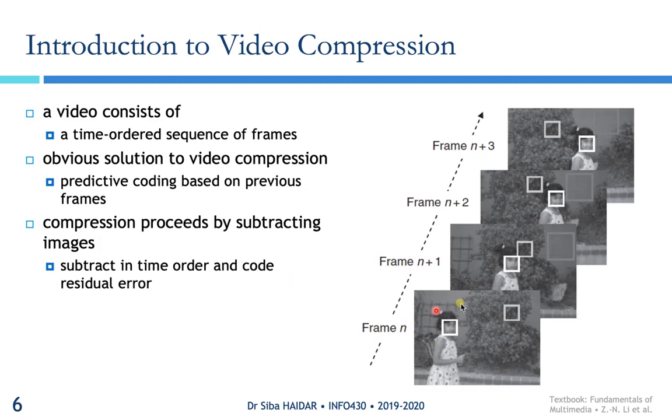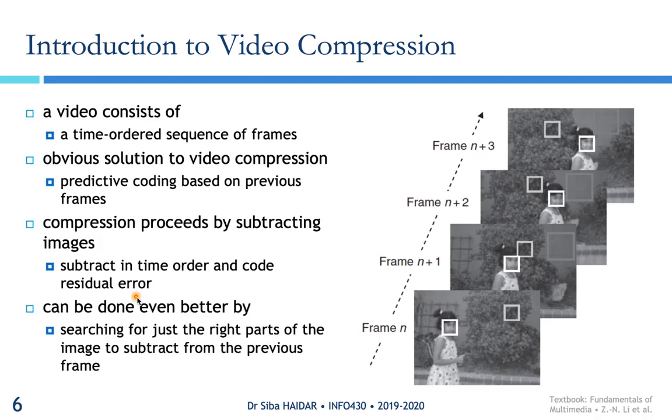I can, for example, begin with a certain image at time n. And then for the next one, I subtract frame n from frame n+1 instead of coding frame n+1 as if it were an independent image. So subtract in time order and code not the image, but the residual error.